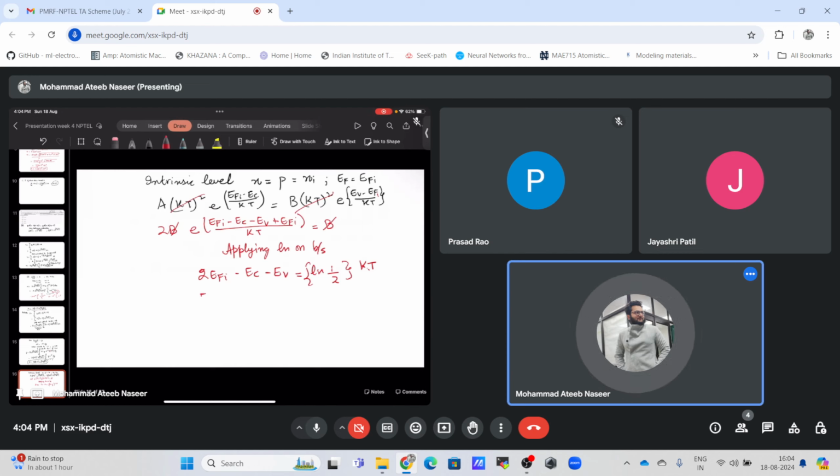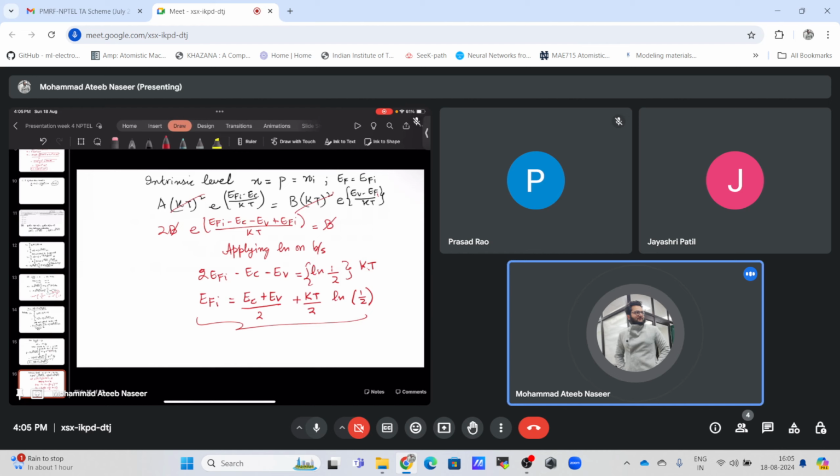So EFI is simply EC plus EV by 2 plus kT by 2 ln of 1 by 2. So we have got the value of the intrinsic Fermi level in terms of EC, EV and kT. Now ln of 1 by 2, let me calculate it, and let me also calculate the value of this kT times this thing.